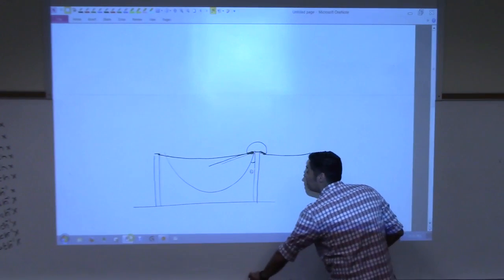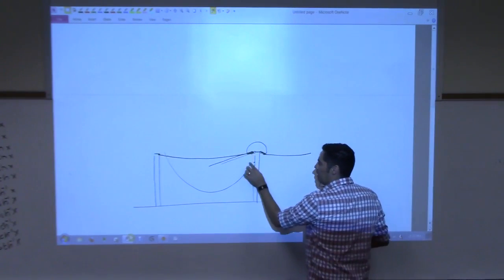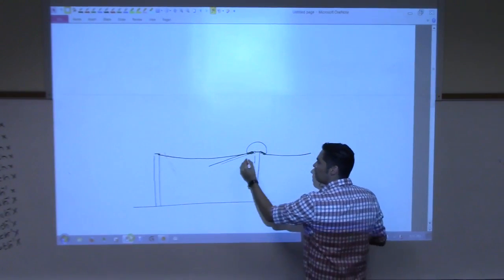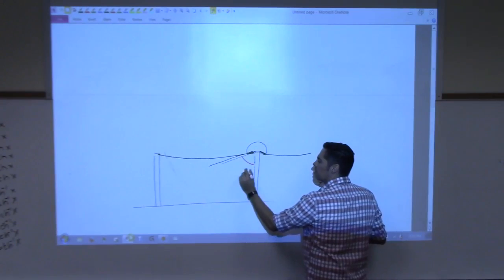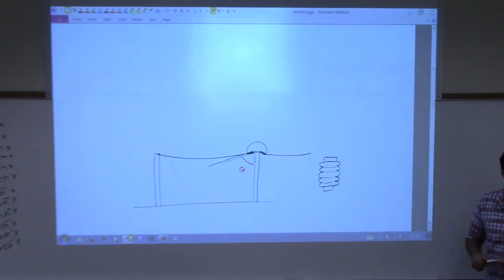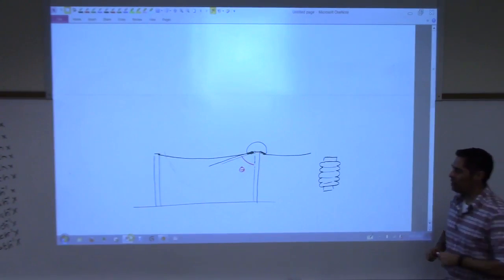If I wanted to know that angle between the wire and here, anybody have some idea of what I could use? A tangent line, very good.